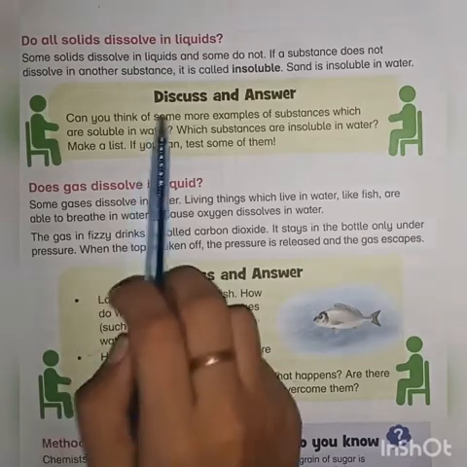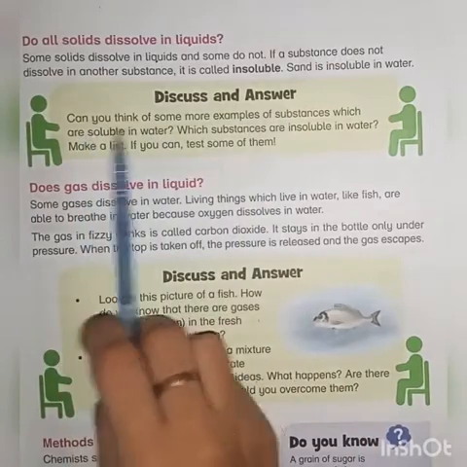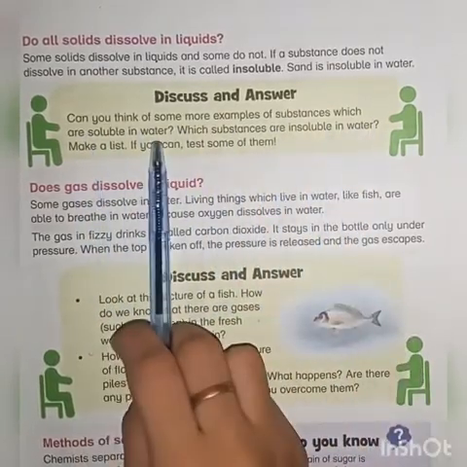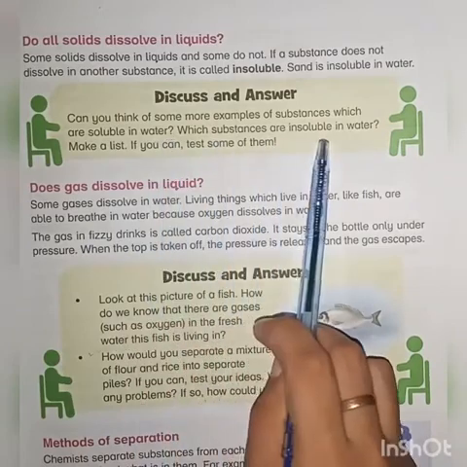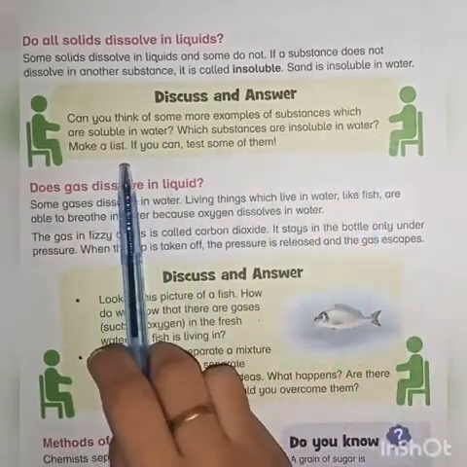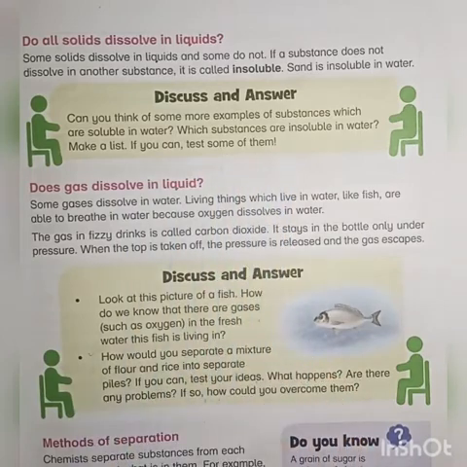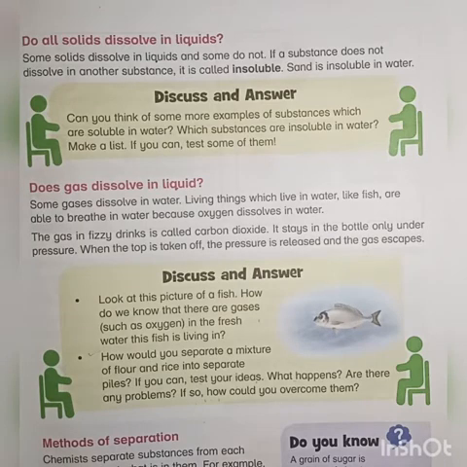Next, discuss and answer. Can you think of some more examples of substances which are soluble in water? Which substances are insoluble in water? Make a list. If you can, test some of them. This is an activity, and here the question is, make a list of the substances which are soluble in water and also make a list of the substances which are insoluble in water.